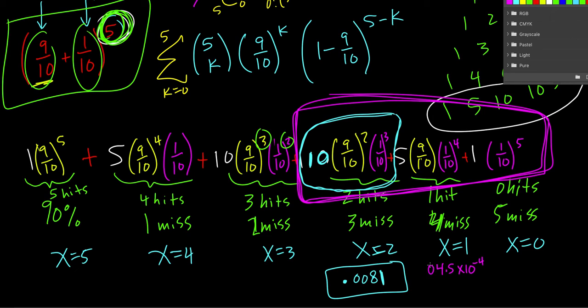Okay, and so if we put a bunch of zeros over here, we got 1, 2, 3, 4. We get 0.00045. Okay, now we just need to do 1/10 to the 5th.